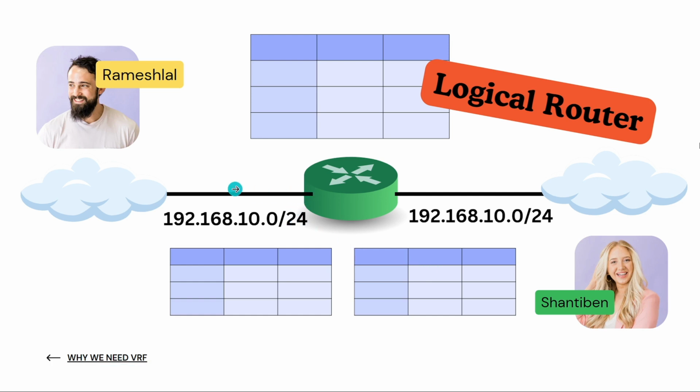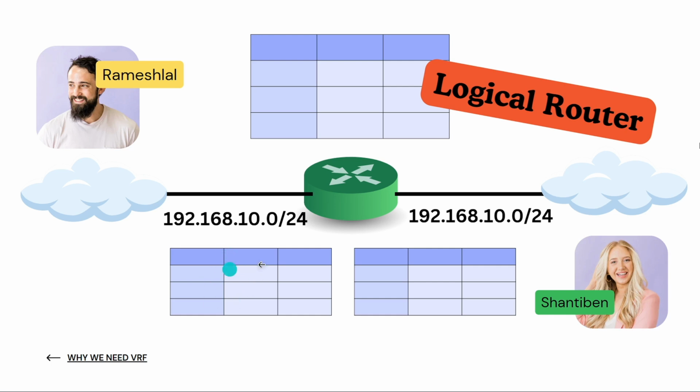Let's say this port we put into Ramesh Lal's VRF, and we put this port on Shanti Ben's VRF. So now what VRF will do: this is the default VRF routing table that we generally see. One router will have one default VRF, and after that, when we put this port into Ramesh Lal's VRF, this port will have an individual routing table.